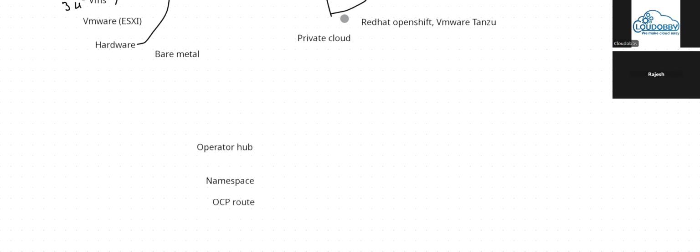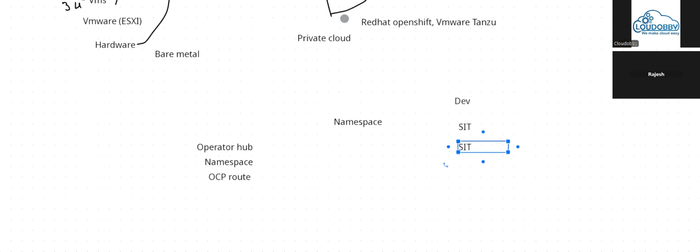First thing is namespace. Currently we will have multiple environments, say dev, SIT, UAT, and production. OCP comes with a Red Hat license, which is based on CPU and core.